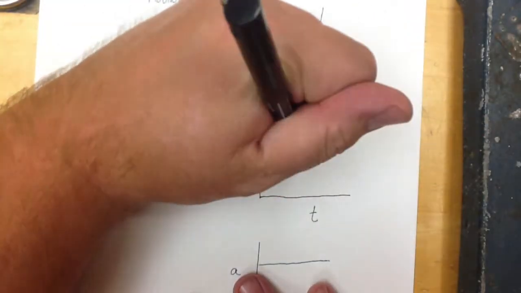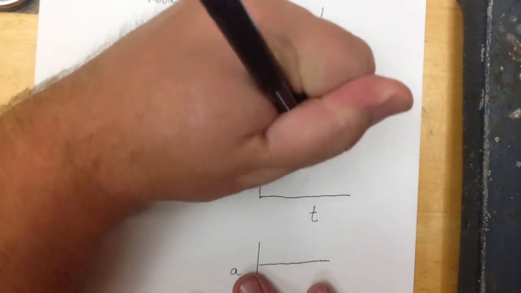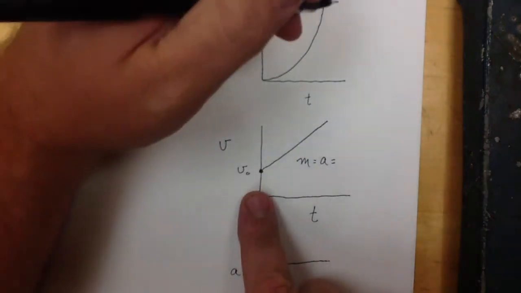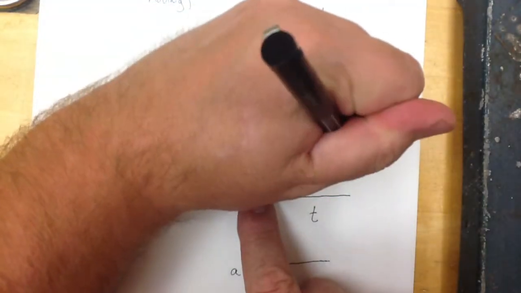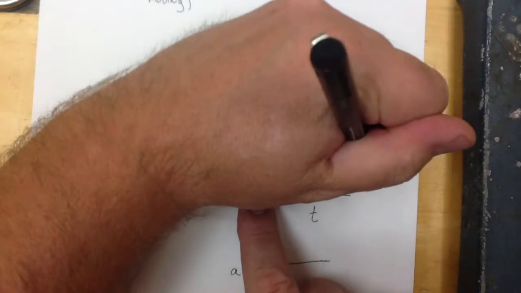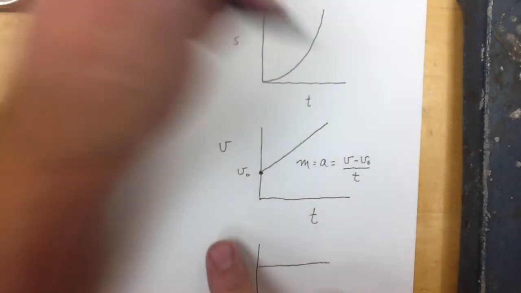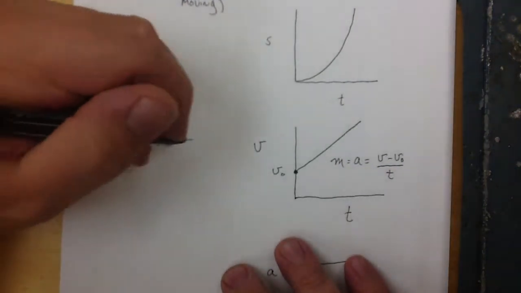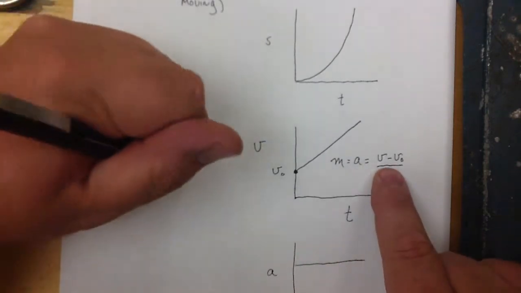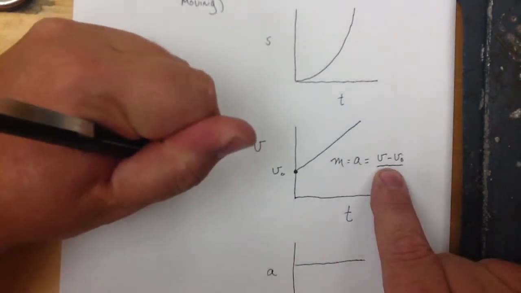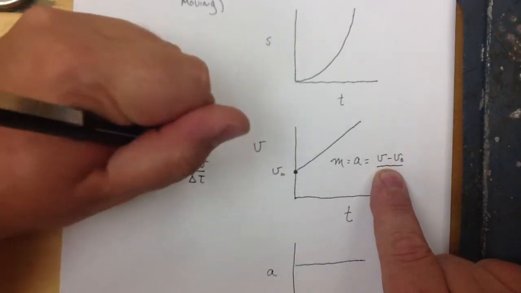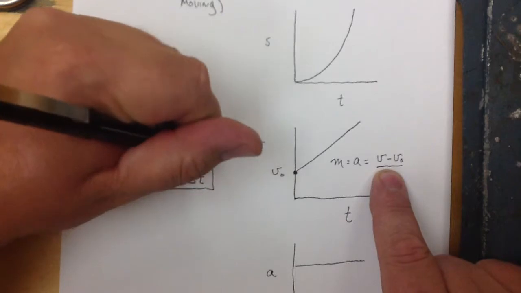And so let's go ahead and do slope is equal to acceleration. And the slope now, we can't ignore the initial velocity because it's something other than 0. And so out to the side here, I will draw this. Acceleration is equal to the change in velocity over the change in time. And there's our first equation.